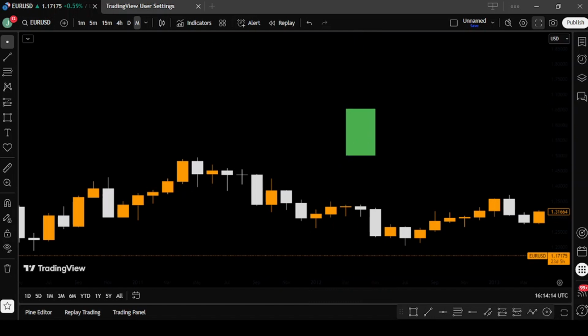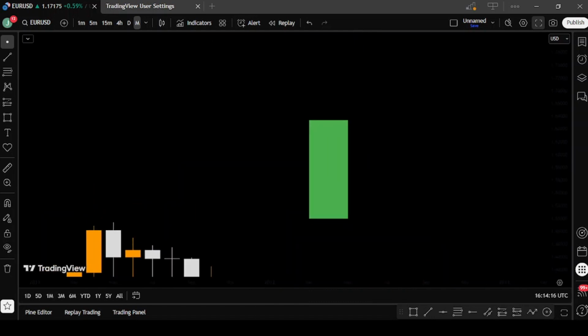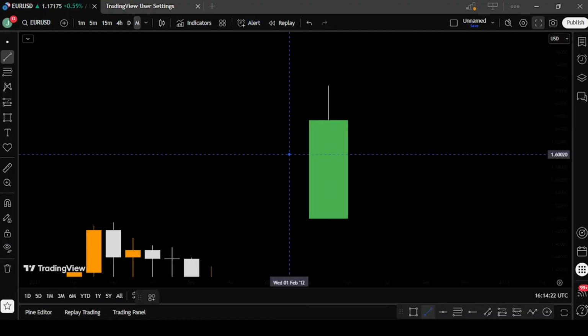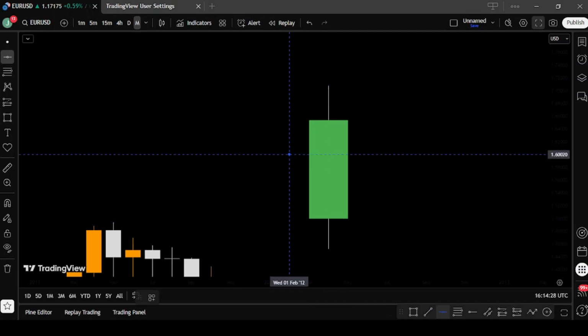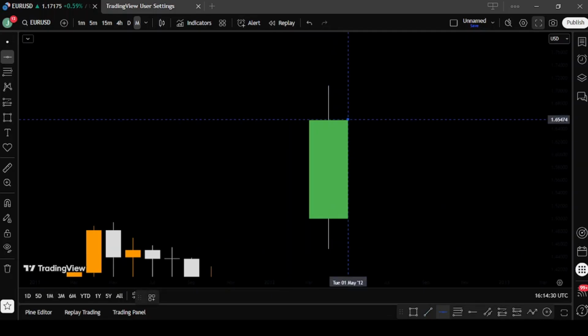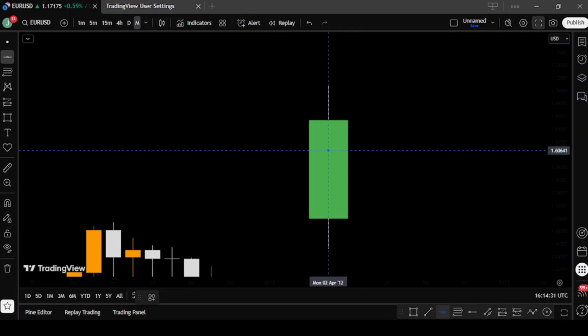So we say a candlestick is made up of the body and the wick. We mark this as the body of the candle.